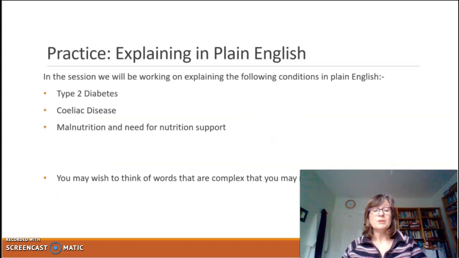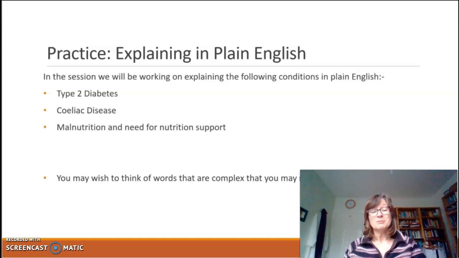In the session, we're going to be working on some explanations for these conditions in plain English: type 2 diabetes, celiac disease, and malnutrition and the need for nutritional support. I think most people think we need to be very careful with long-term conditions, but when you are a band 5, the majority of your work is going to be with people needing nutritional support.